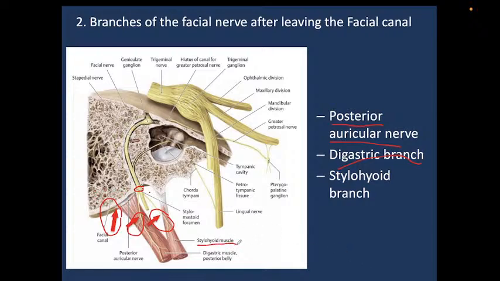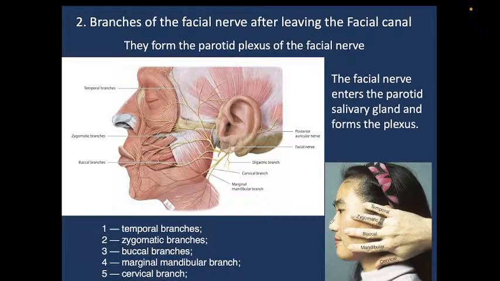So about 5 muscles located on the surface of the head and inside of the head are innervated by small branches after the facial nerve exits the skull.